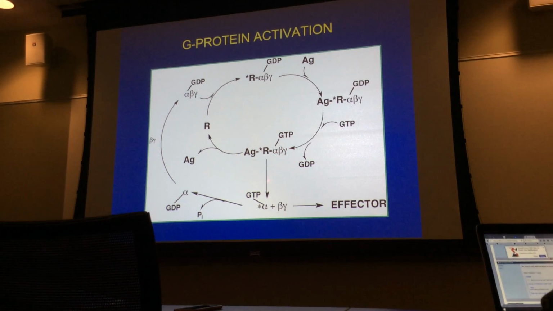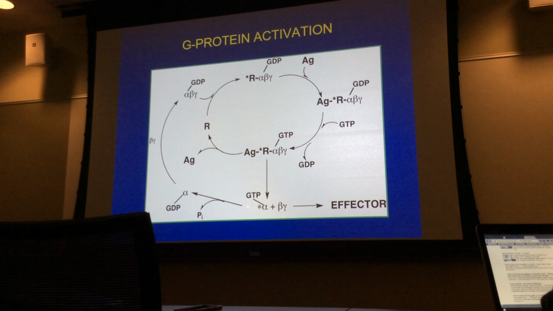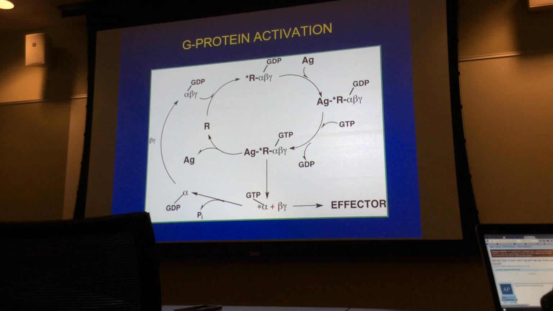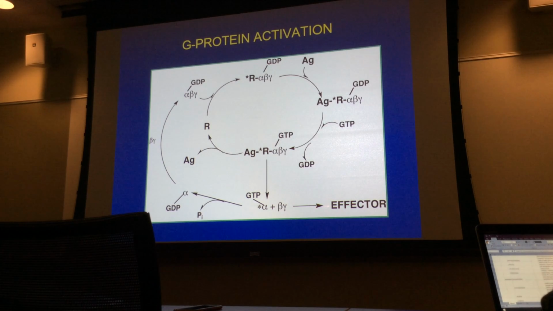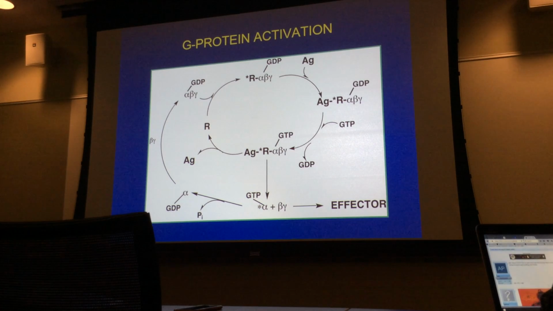So what we have as a result of this activation process is two things. We have the naked receptor, and I'll come back to that in a minute, but we also have these two dissociated G protein subunits. We have the alpha subunit, which is now bound with a high affinity to GTP, and I put a star on that because that indicates that the alpha subunit is now activated. And we have the free naked beta gamma subunits. Both of these two things can then bind to an effector and produce its effects, either activation or inhibition, depending upon the type of effector we're looking at.